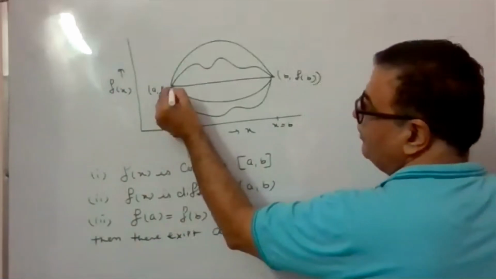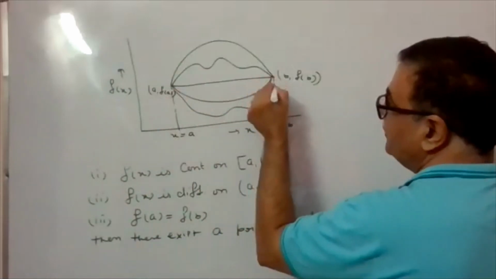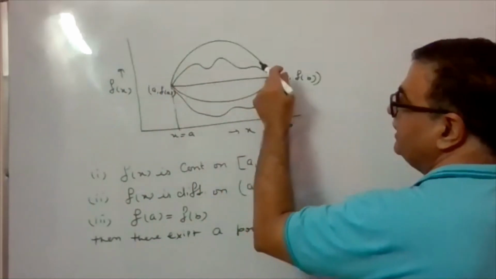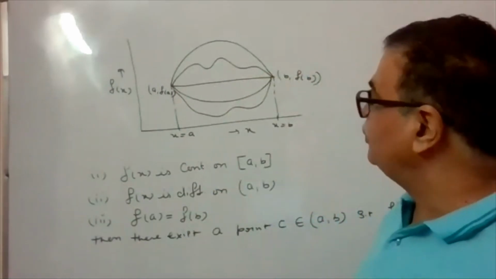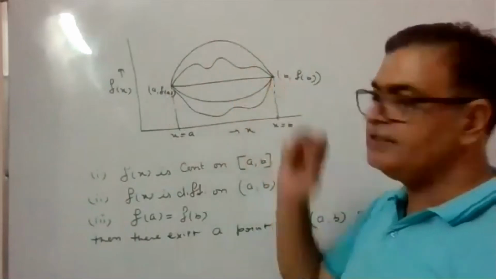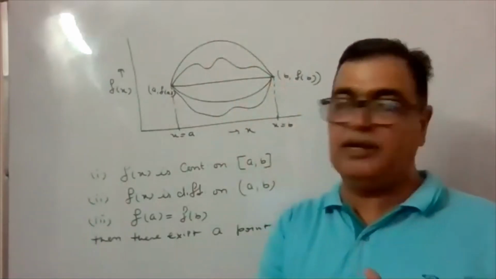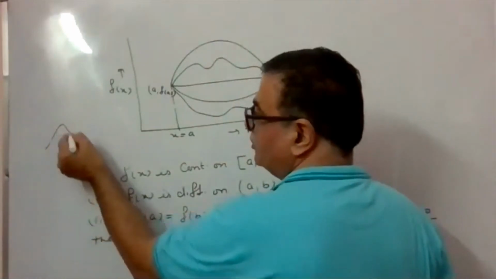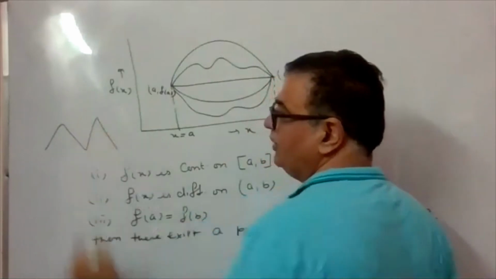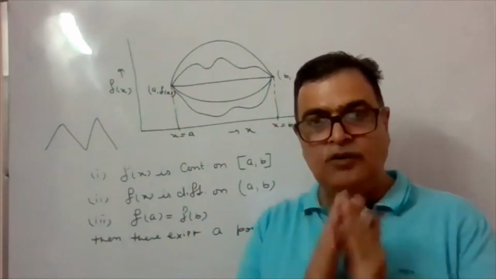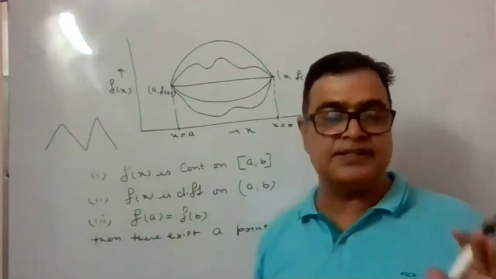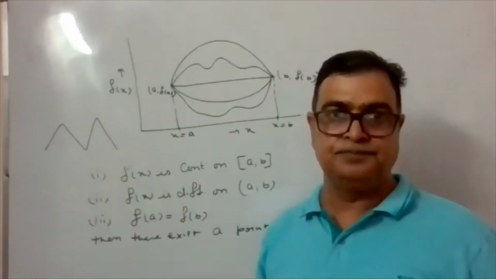Any shape you take, but keep these three things in mind. That f(a) is the same as f(b), meaning they will start from the same height and end at the same height. Second thing which I told you, it should be continuous. Differentiable also means this type of curve should not come where the corner point is there. Now these three conditions are satisfied by a function.